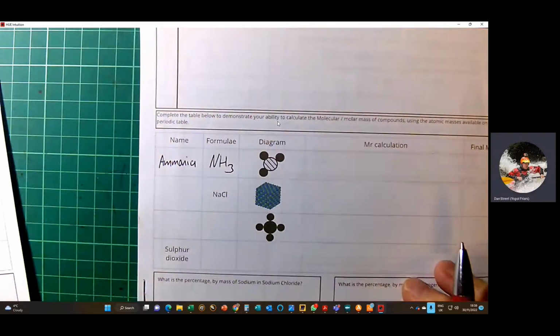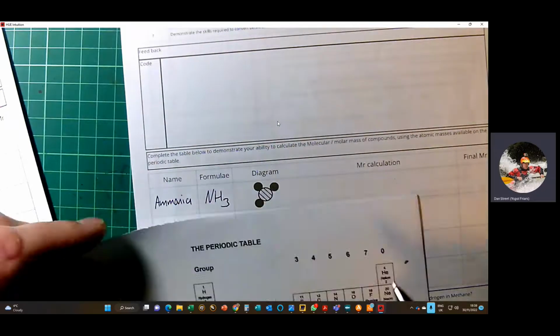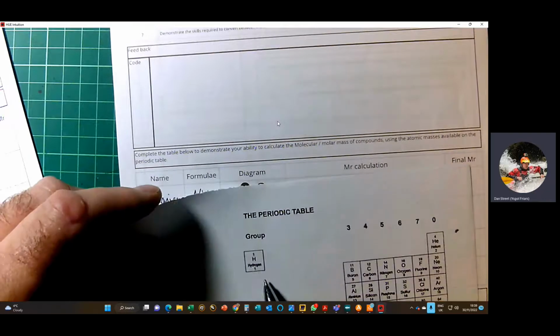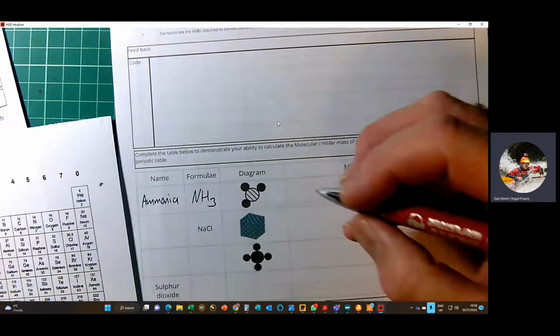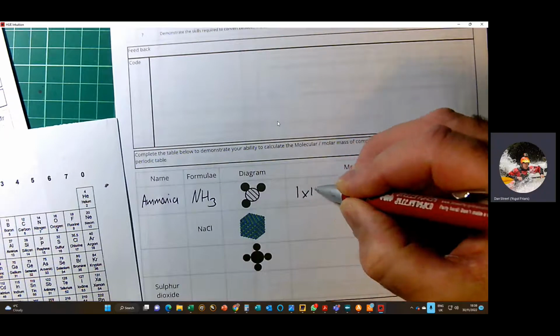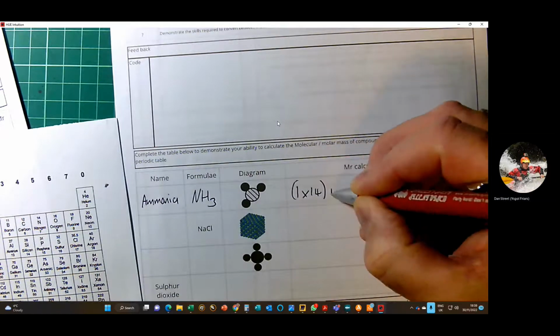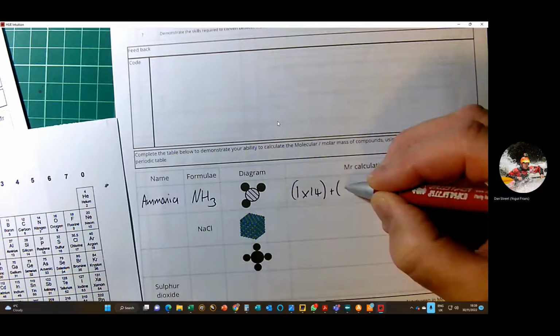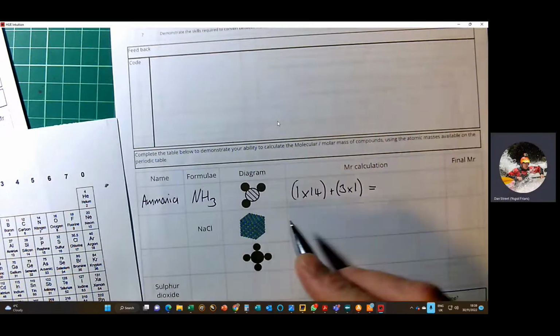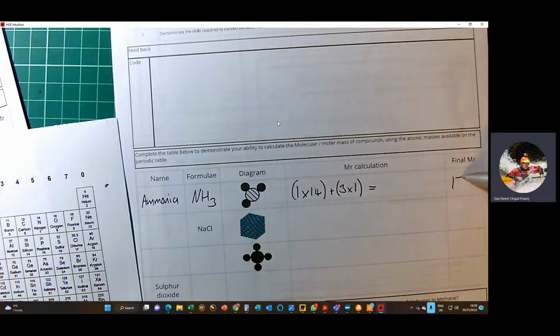And if we have a look at our periodic table, we can find that the mass of nitrogen is 14 and the mass of hydrogen is 1. So there's 1 nitrogen, there are 3 hydrogens. So if we multiply that out, we get a final MR of 17.